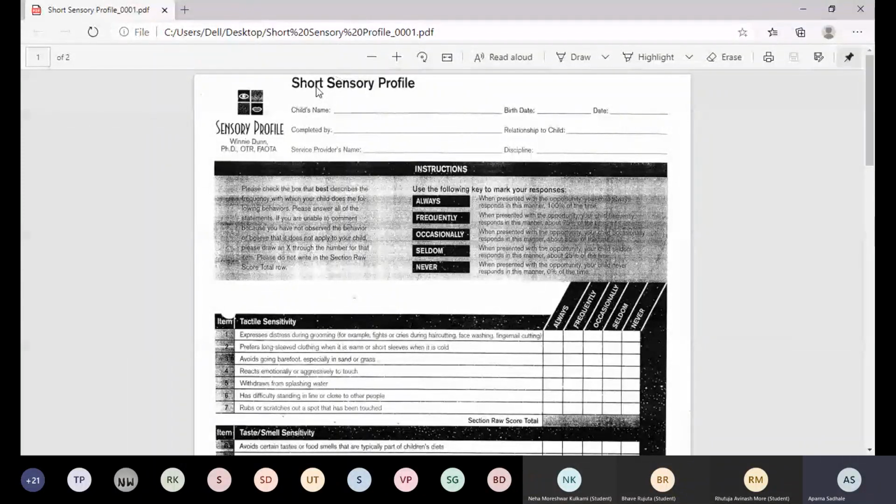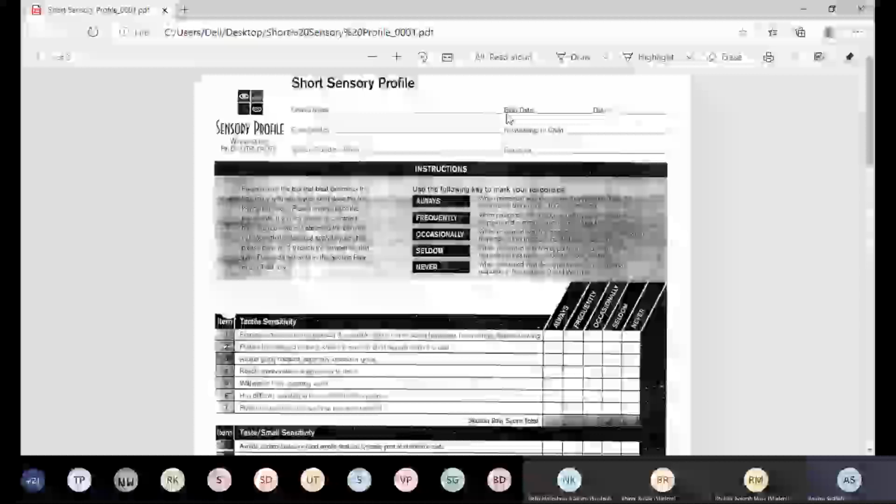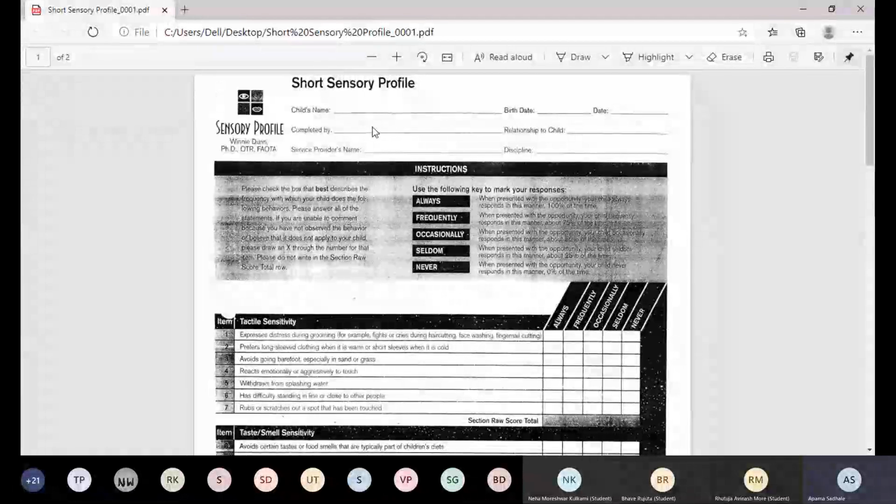Okay, so the demographic data that we need to write down is the child's name, birth date, date of evaluation, and who completed it, meaning the therapist who's done it, or sometimes it could be given to the parent or the caretaker of the child.